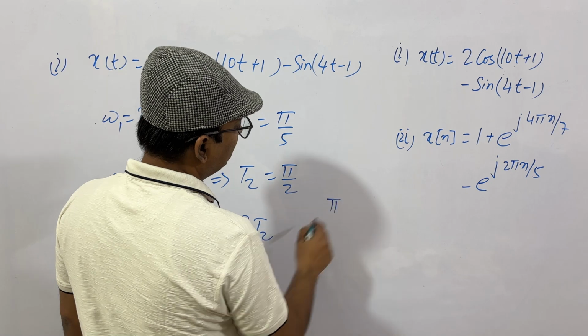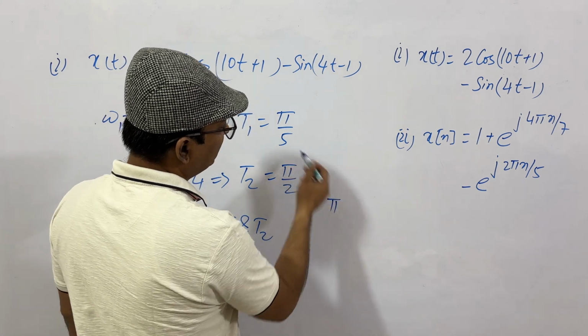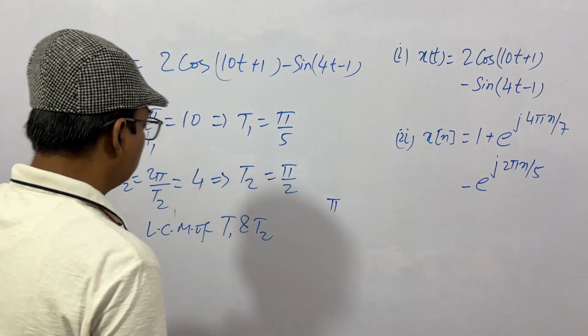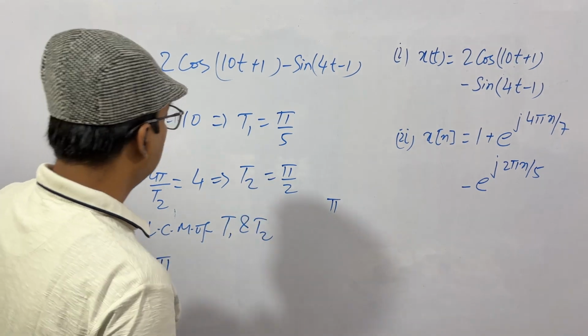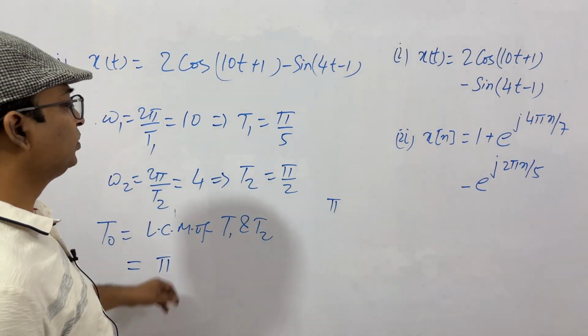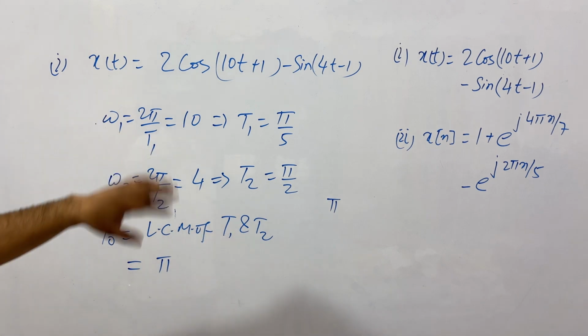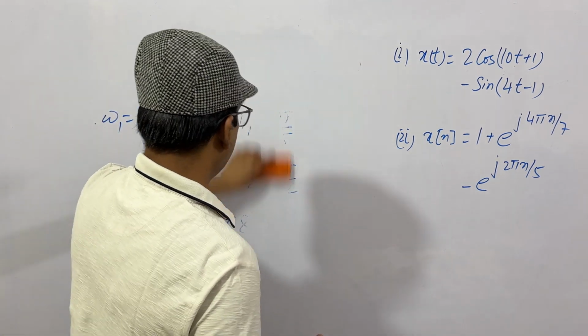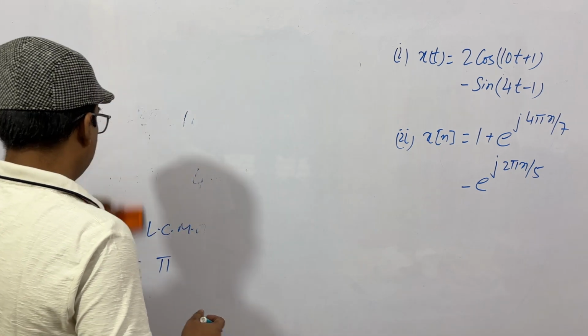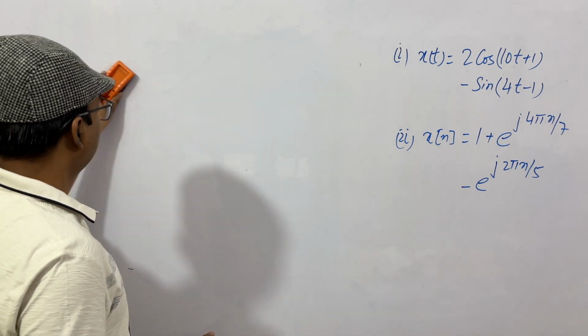That will be pi. You can see pi is a multiple of pi by 5, and pi by 2 is also a divisor of pi. You know how to find out LCM. You can try that also. It comes to pi. Okay, this is how we find it in case of a continuous signal. So the composite time period is pi.